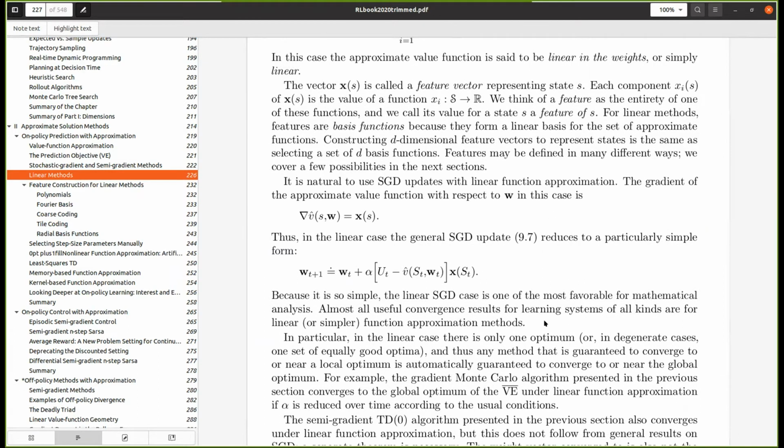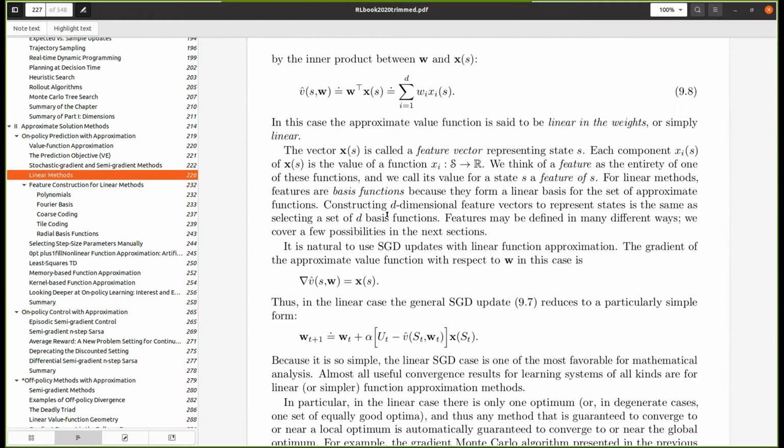Okay, and the stochastic gradient descent update is particularly simple in this case, because the gradient of the value function would be just x of s.